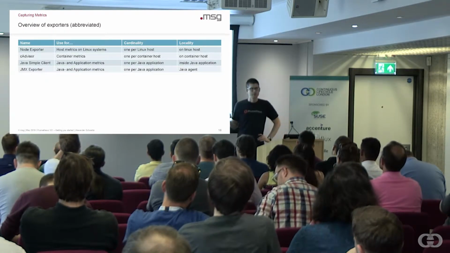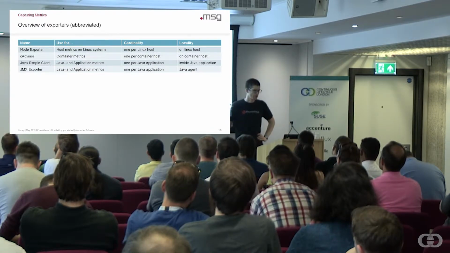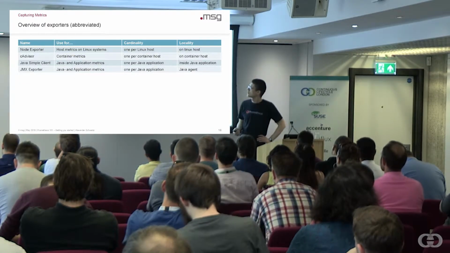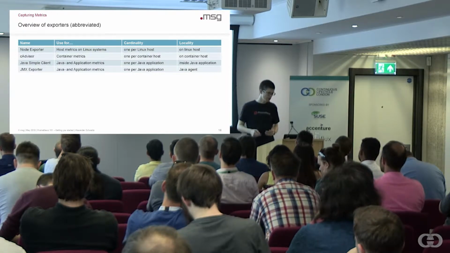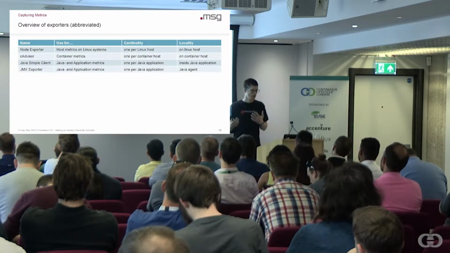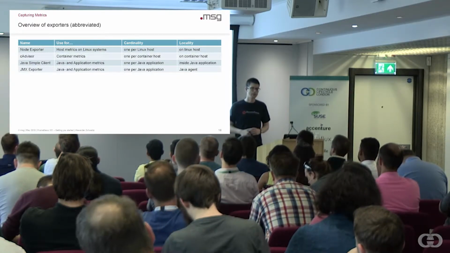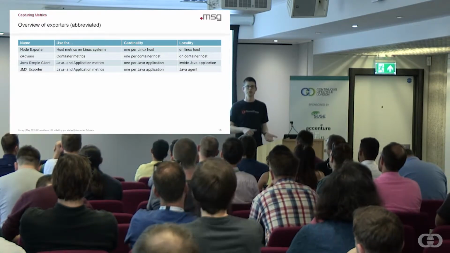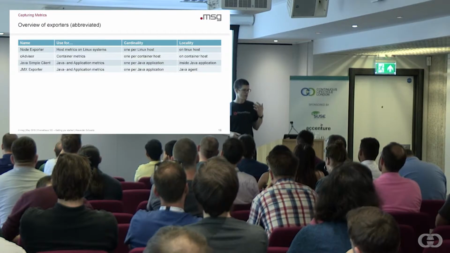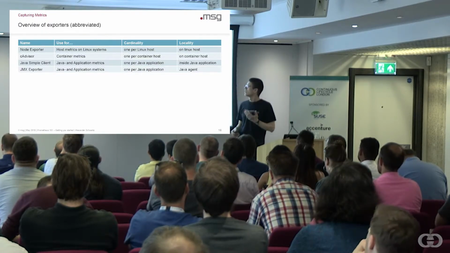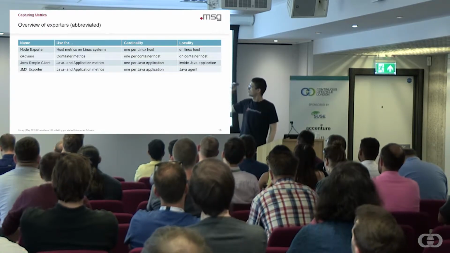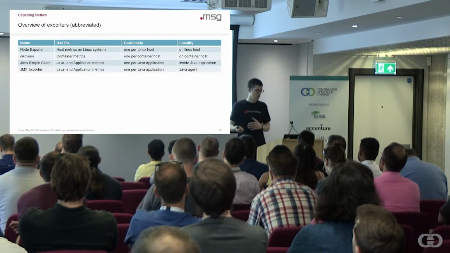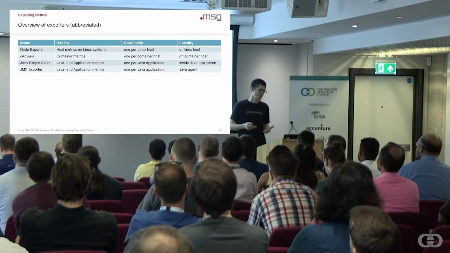And all these metrics come from exporters, and we've seen some on the previous slide already. So we had a node exporter there collecting host metrics from Linux systems. There's also a WMI exporter to collect metrics from a Windows system. We had seen cAdvisor. And well, these first two I installed once per host.